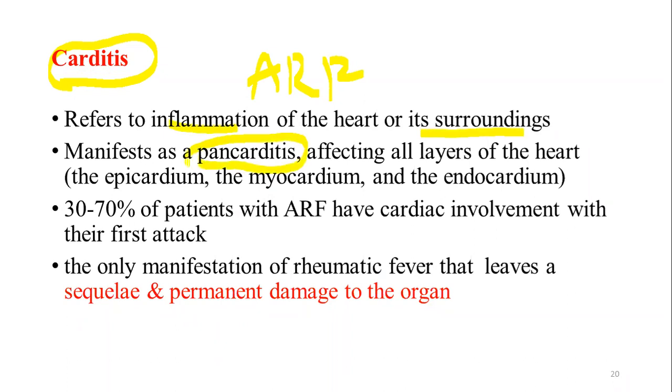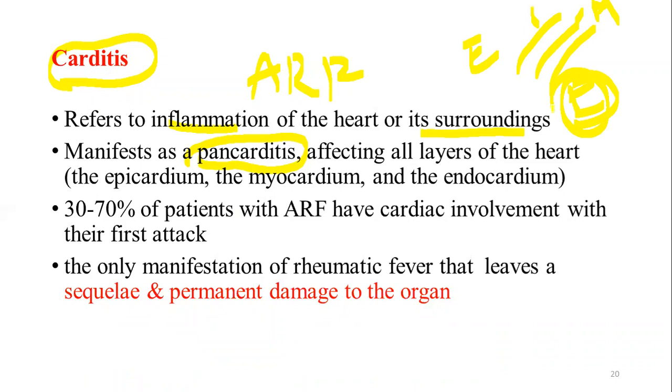Pancarditis refers to the involvement of all layers of the heart. Remember, the heart has 3 layers. The outer layer is the epicardium, the middle layer is the myocardium, and the innermost layer is the endocardium. So all 3 layers of the heart can be inflamed because of this autoimmune reaction.